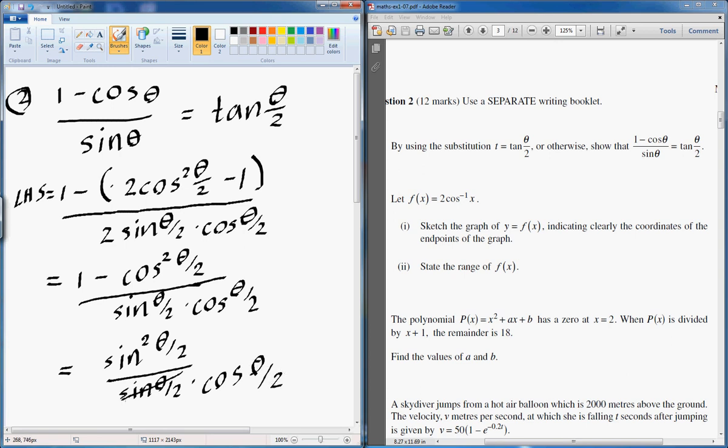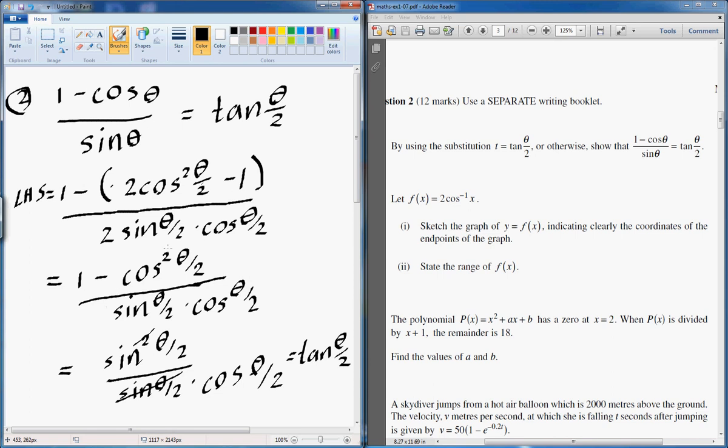Right. This cancels out with the power. Okay, so I end up with sine theta on 2 over cos theta on 2, and now this is equal to tan theta on 2. Right, problem solved. Okay, so that was part A.